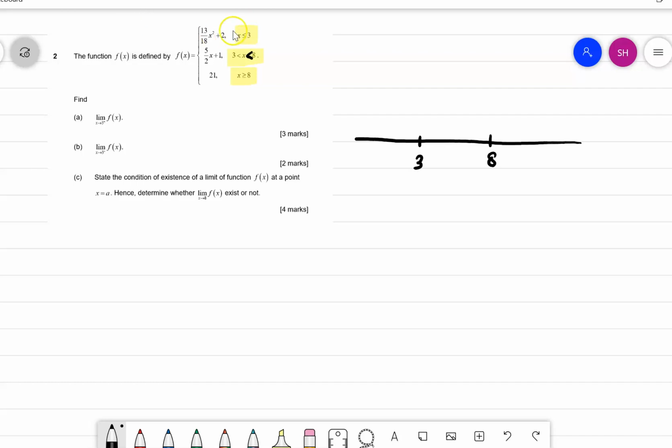So based on the first function, x less or equal to 3, meaning that to the left, the function is 13 over 18 x squared plus 2.